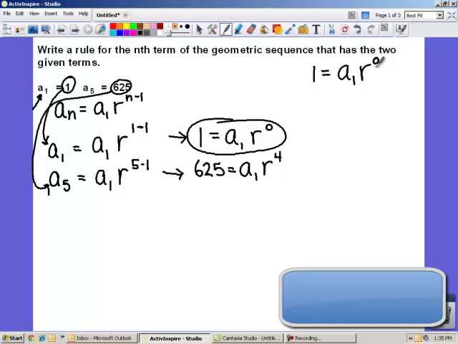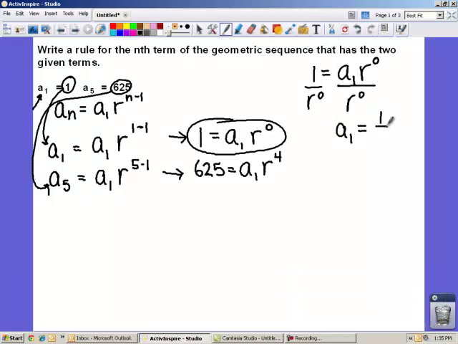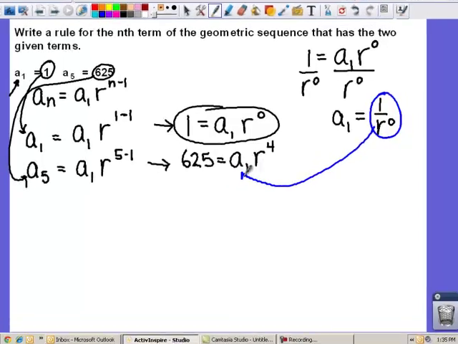So if we divide by r to the 0 on both sides, we now know what a1 is. It's 1 over r to the 0. We're going to take that, a1, and we're going to plug it in for a1 in the second equation.